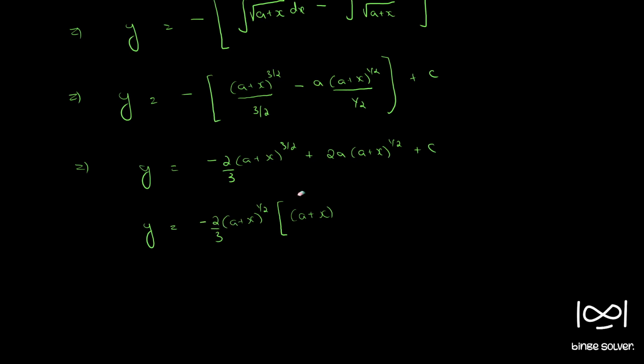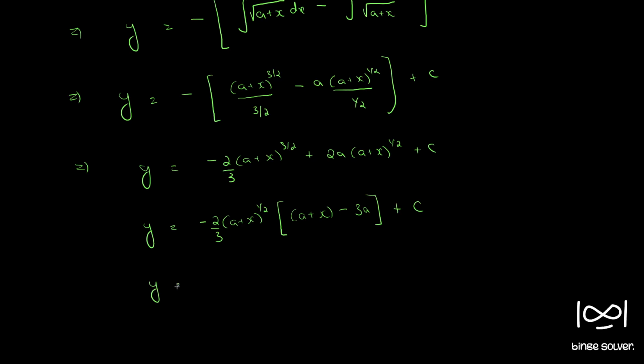And we took minus 2 by 3 out. So let's multiply by minus 3 by 2, so minus 3a, plus c.